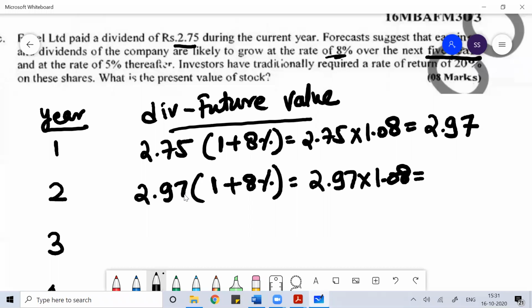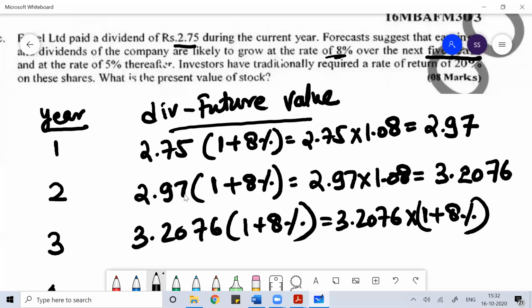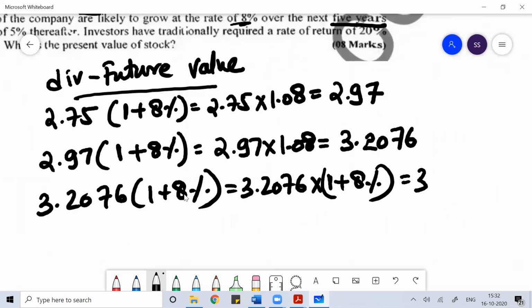You can find the 8% of this. This is 3.2076. Then 3.2076 into 1 plus 8%, that is 3.2076 into 1.08.